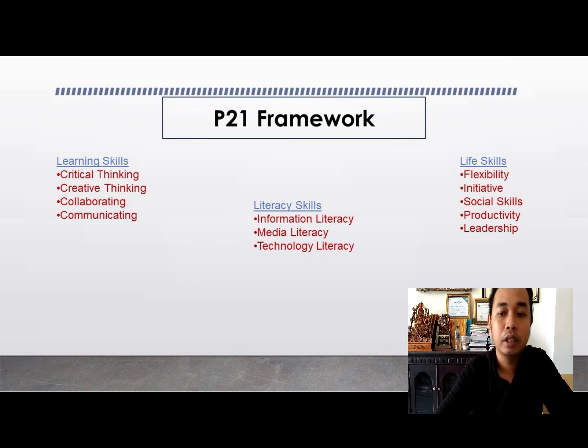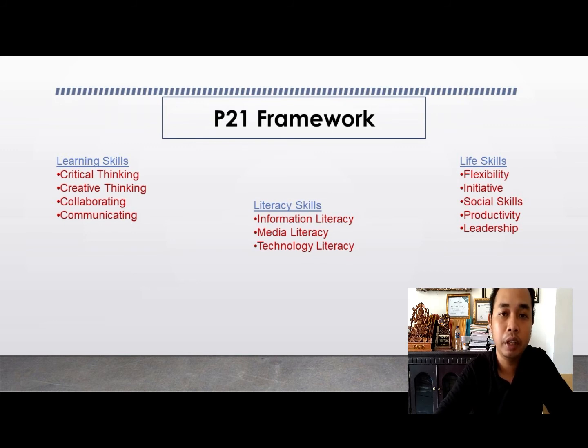And the last one is the life skills. The students are expected to be flexible and show initiative in the process of the discussion. The social skills, how they discuss with their group members.